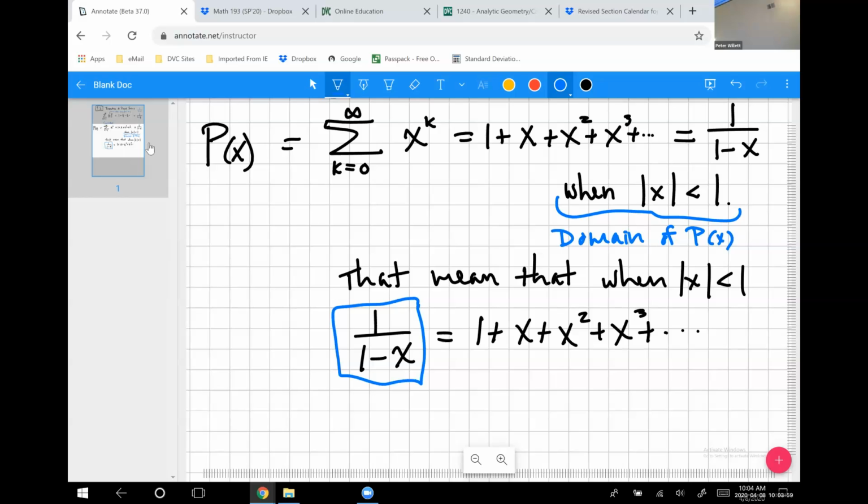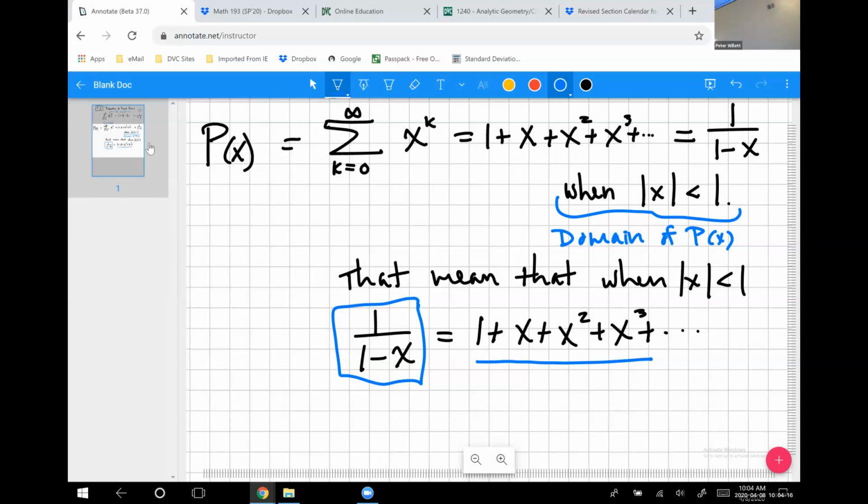It's much simpler to plug in a number for x there and see what I get than it is to plug in an x value here, recognize it to be a geometric series, and then go right back to the formula that I would have just had to evaluate.